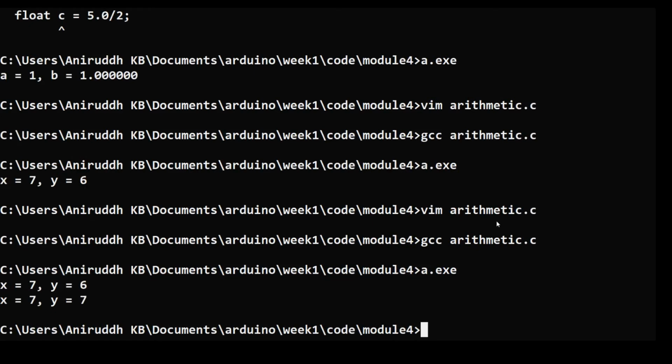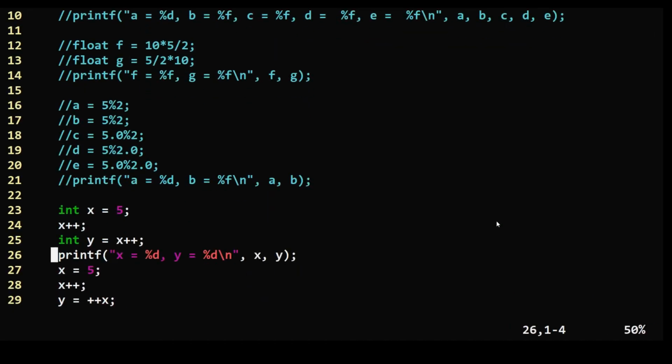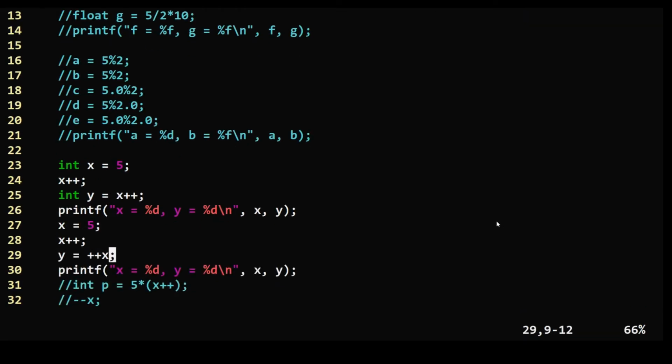Now the second time around, x is 7 and y is 7. The reason this happens is that this over here is a prefix operator. So what happens is this is first evaluated, then it acts on this.